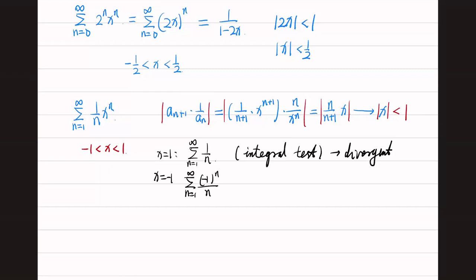Elisa, this series, convergent or divergent? The previous one, divergent. This one is alternating.